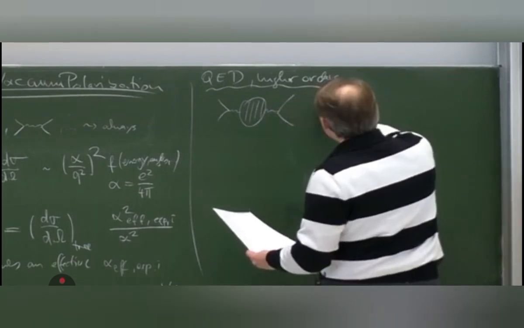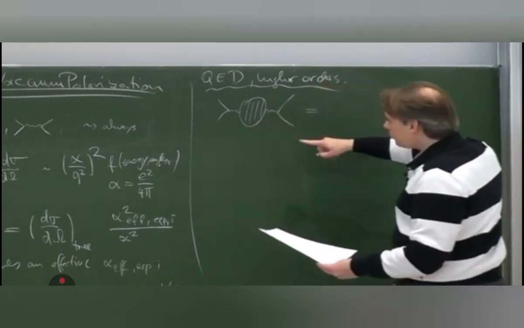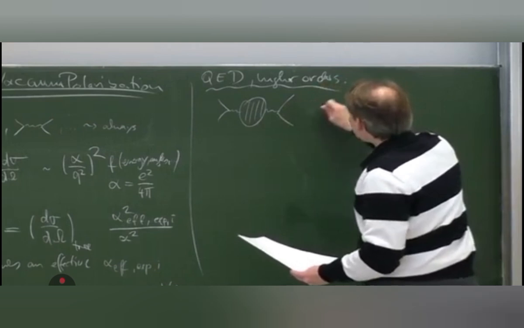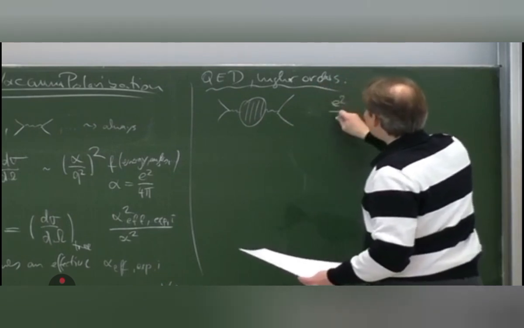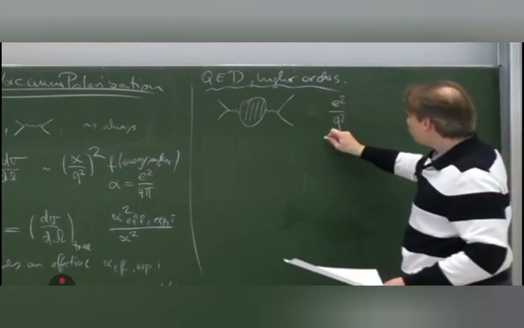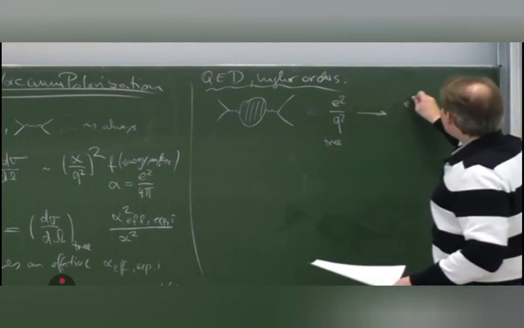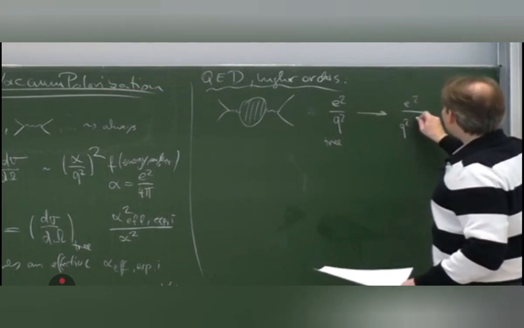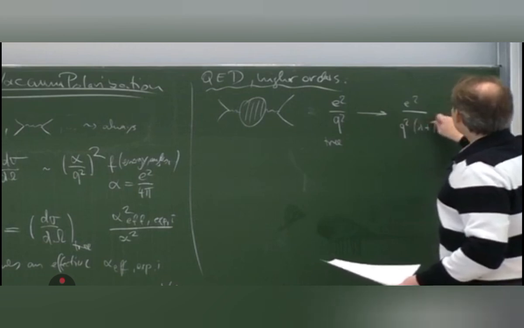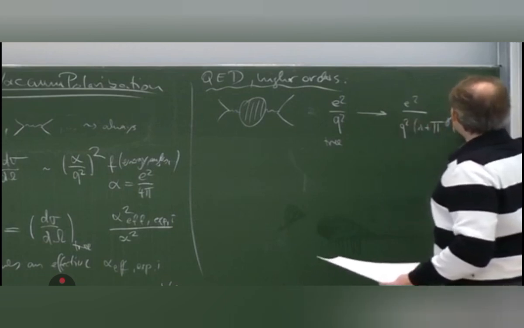And so then basically what happens is that instead of e squared divided by Q squared at tree level, we now have e squared divided by Q squared times 1 plus pi gamma of Q squared.